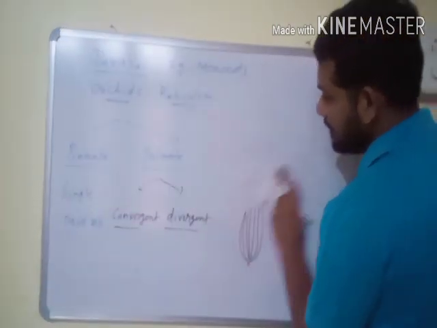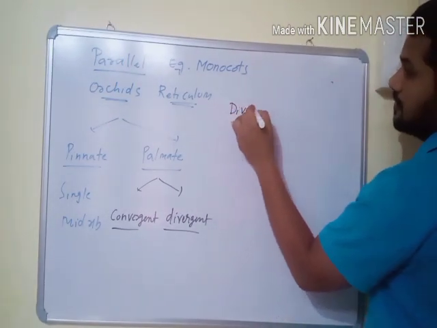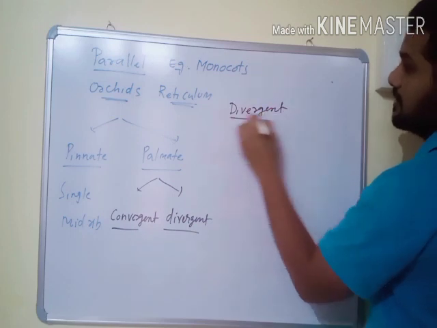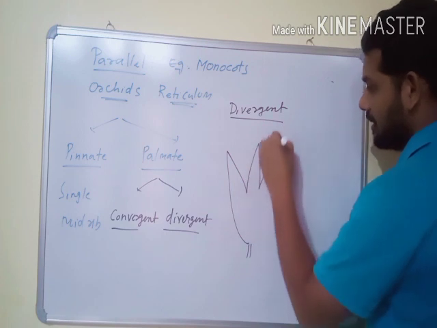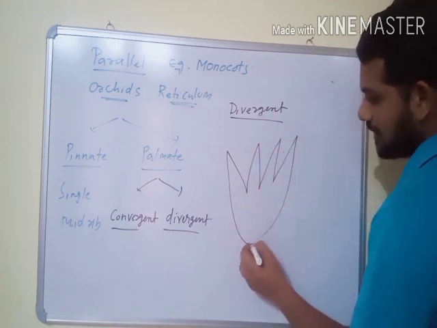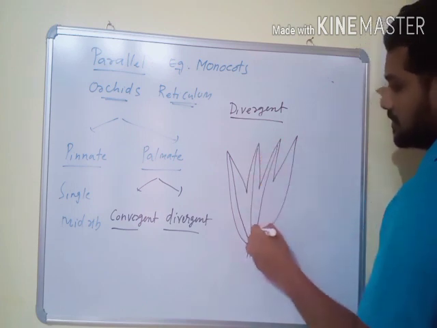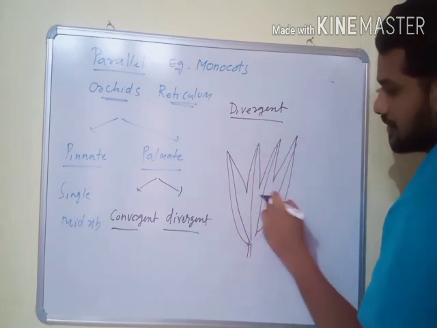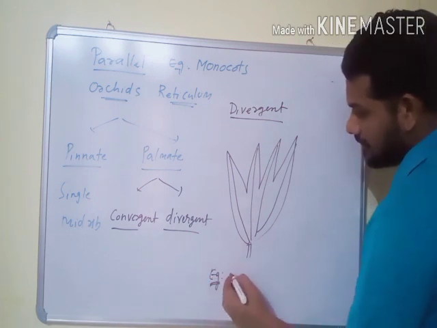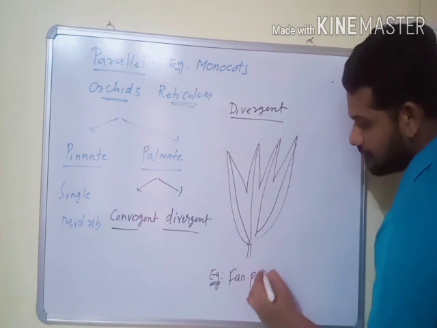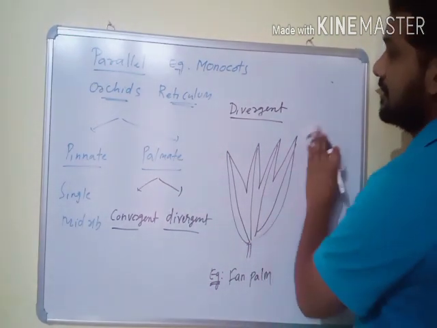In divergent, the lamina is divided into lobes, and it has many midribs, and all midribs run from base to apex of the lobes, and they do not fuse, they run parallel to each other. Reticulum is absent. Example, this type of venation is present in fan palm. So these are the different types of parallel venation.